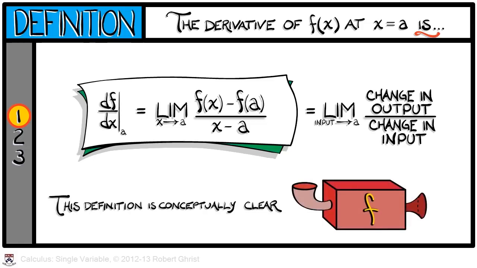This definition, among all of the definitions, is to me conceptually the clearest. You have an input and an output, and as you change that input at a certain rate, the derivative tells you at what rate the output is changing.